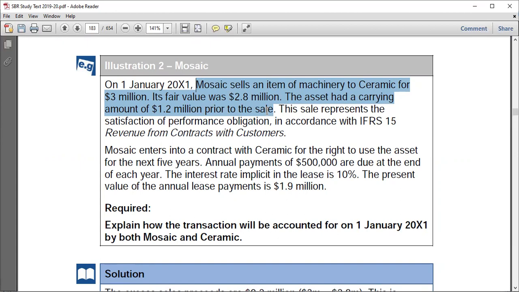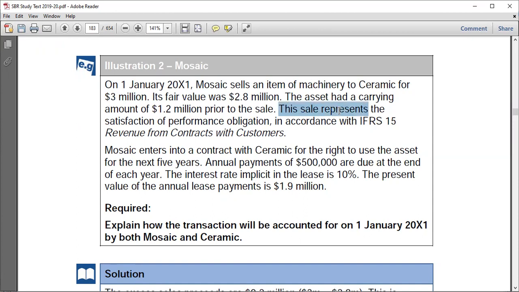Isn't it the same as above? It's the same question, but right now it was sold for 3 million, but the fair value is only 2.8 million, right? So the fair value is 2.8, but we have sold for much more than the fair value, right? So they have given us something extra. They have given us extra money.